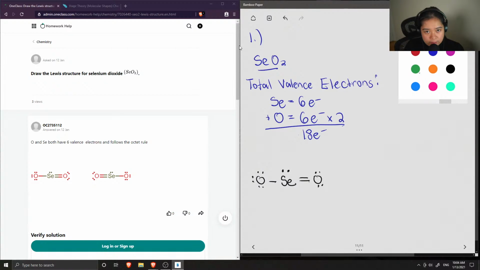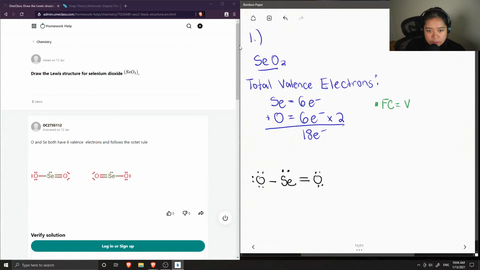So now let's calculate the formal charges of each of the atoms. The equation for formal charge is equal to the number of valence electrons minus the number of non-bonding electrons minus the number of bonding electrons divided by 2.